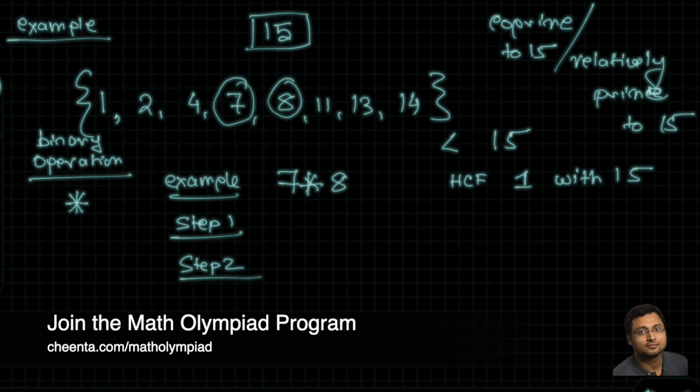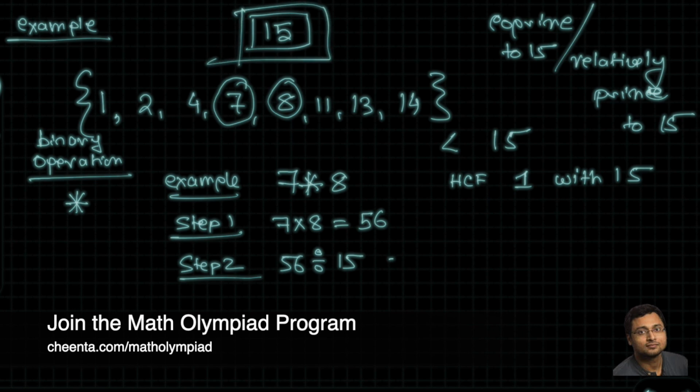What is the process? You first multiply 7 with 8, you get the product, which is 56. Step 1 done. Step 2 is you divide 56 by 15, this base number 15, and you look at the remainder. The remainder is 11. That's the final result. So you say 7 star 8 is 11.